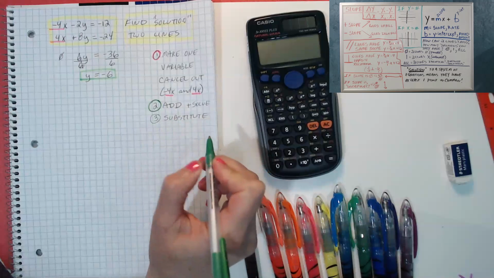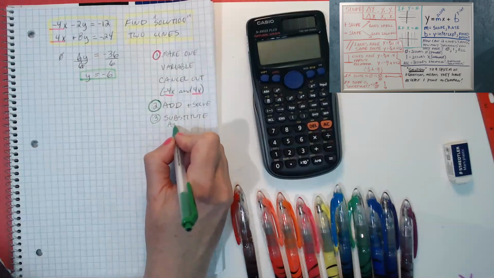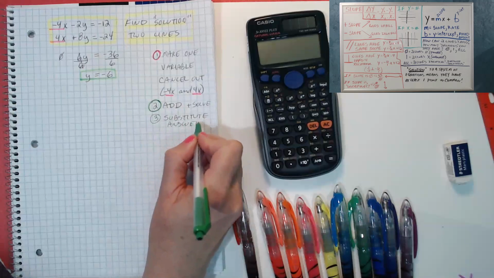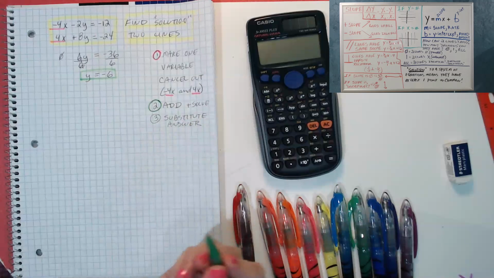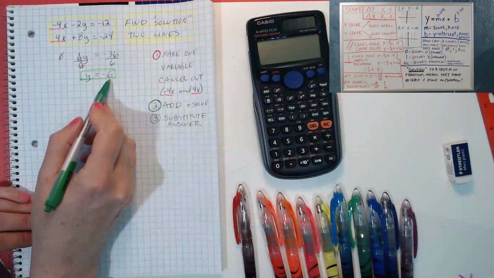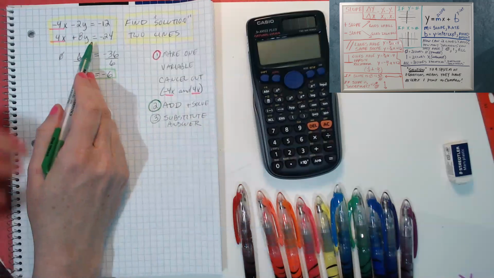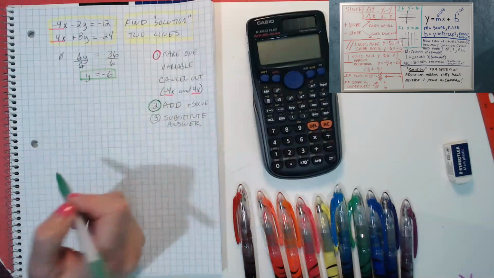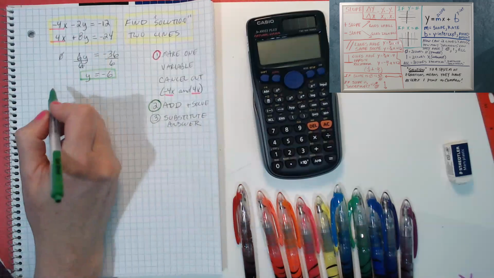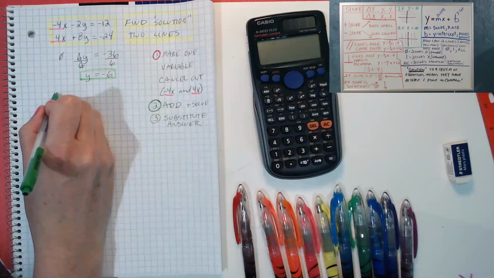Number 3, substitute. Answer. So if y is negative 6, we'll just pick either one. It doesn't matter. I'm going to pick the one with the more positives in it because I like working with positive numbers. So I will choose the 4x.